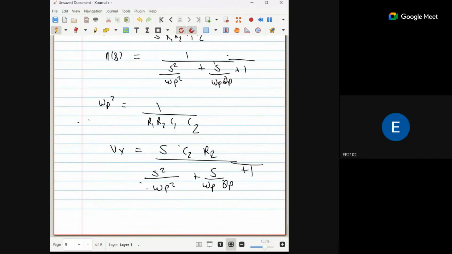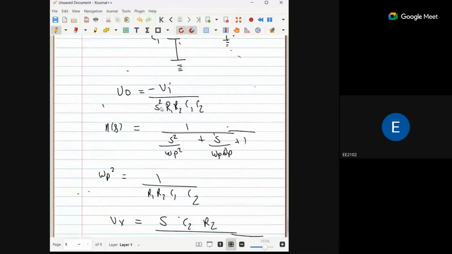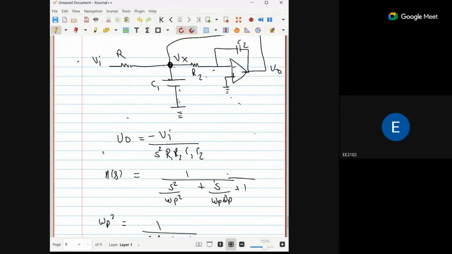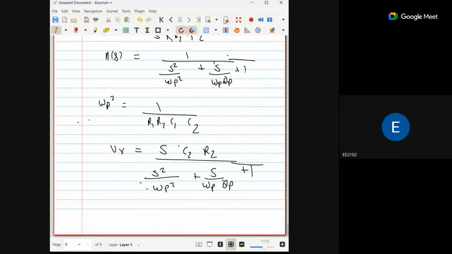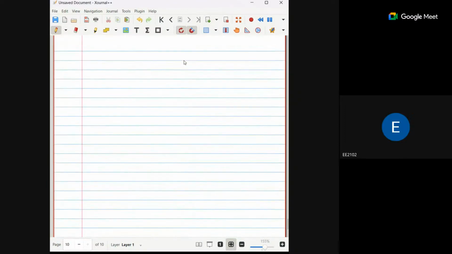So these are the basic filters, I think, till week 6. There is another one, the Sallen-Key structure, with only C1 and C2 in the downward path.